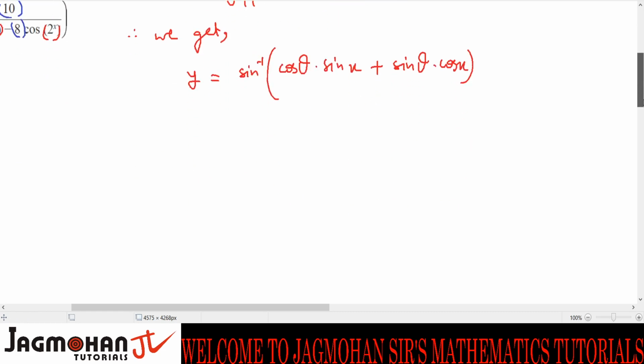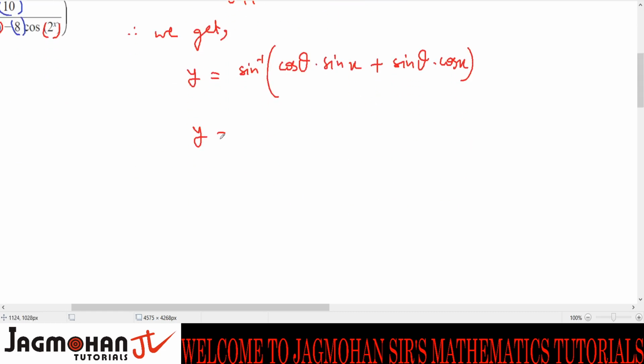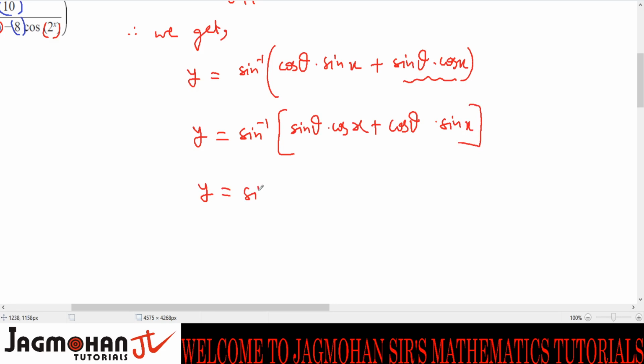Let me write this properly: y equals sine inverse of (sine theta cos x plus cos theta sin x). Inside the bracket you notice it is sin a cos b plus cos a sin b. So it is the sine of a plus b formula, the compound angle formula: sine of (theta plus x). Is that clear to you?